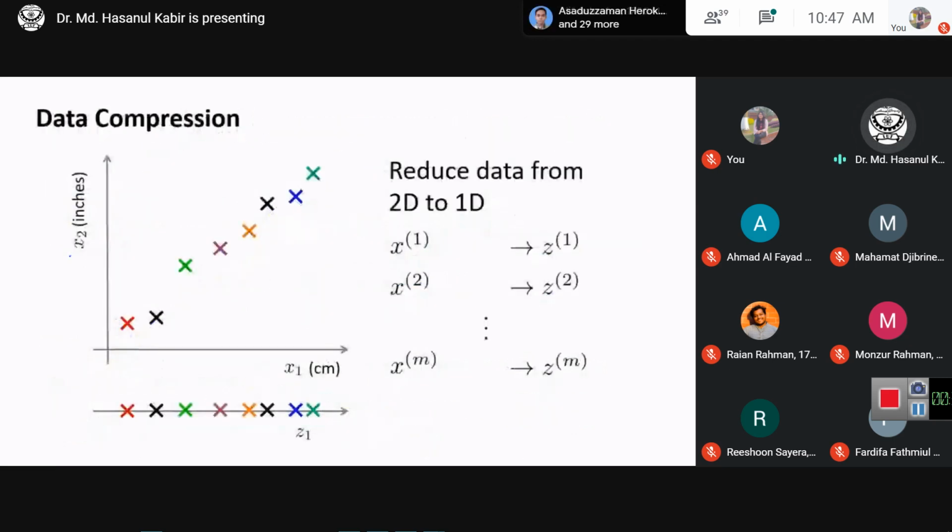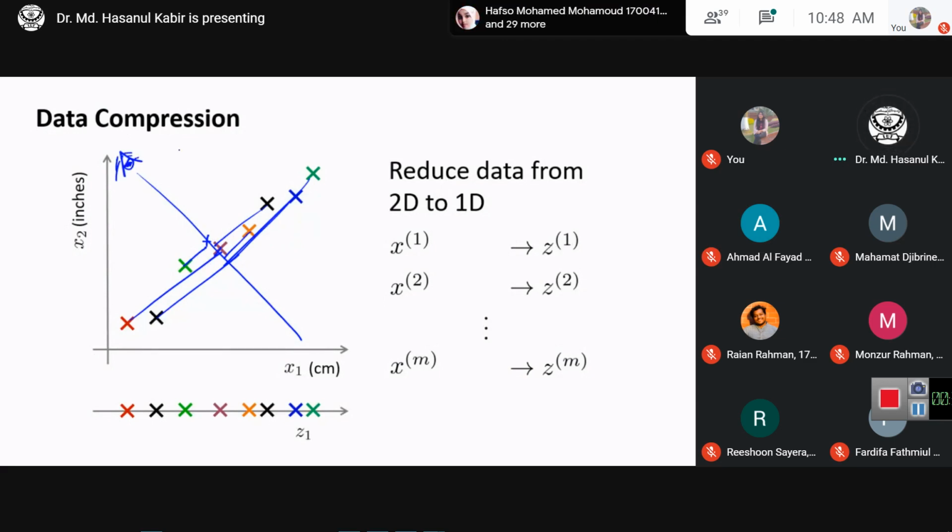In this case, forget about this one. If I take this line as a projection line, how will you project? What do you think? This point will project here, this will project here, this will project there. That means you will do your projection like this. Yes or no? Yes, sir. And then if I look totally from the point of this line, how will it look?